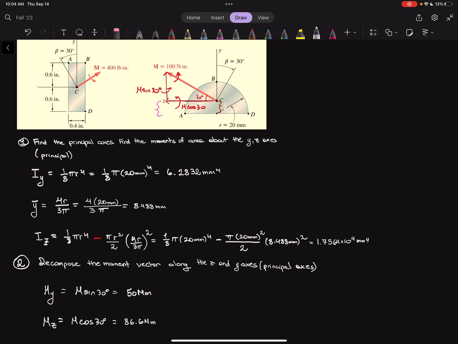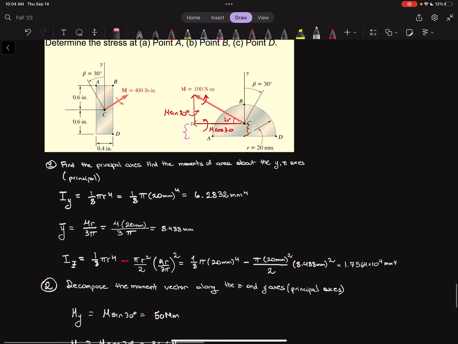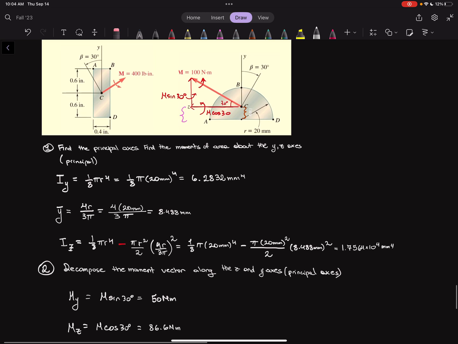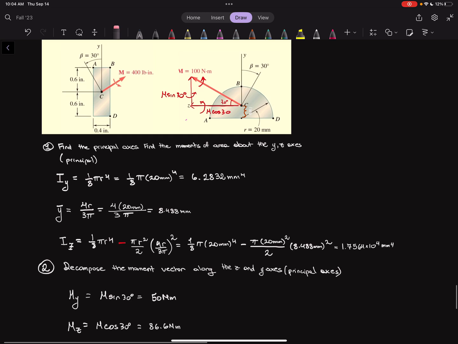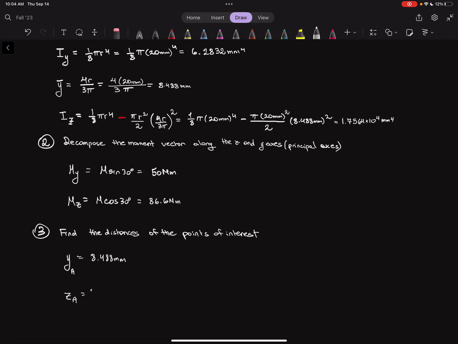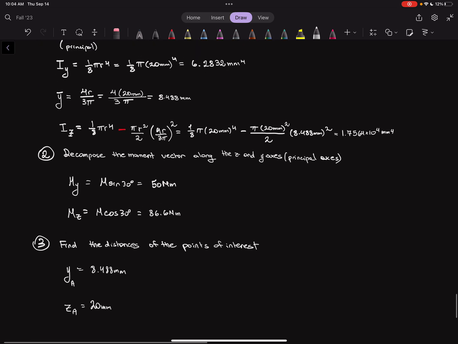I meant to say that we are a y distance of 8.44 away from the z-axis. That's that distance. And now I want to know the distance along the z-axis. So along the z-axis, A is this distance. That's the radius. So that is 20 millimeters.